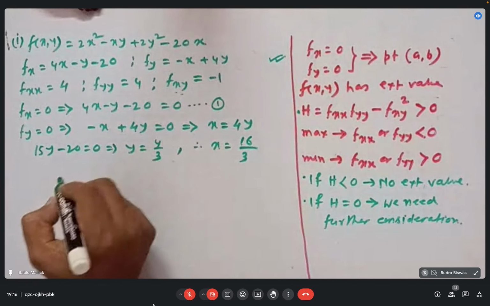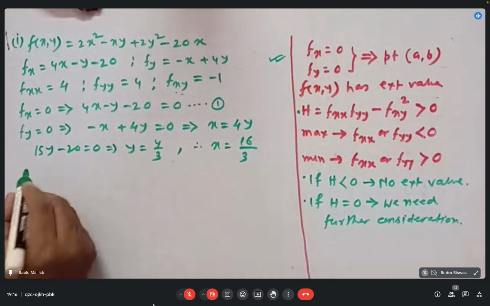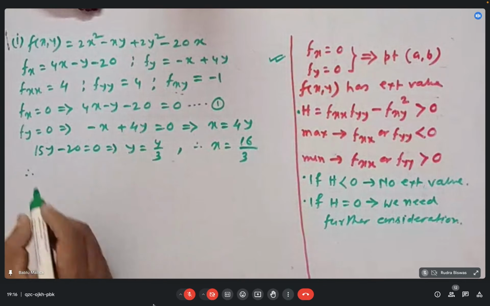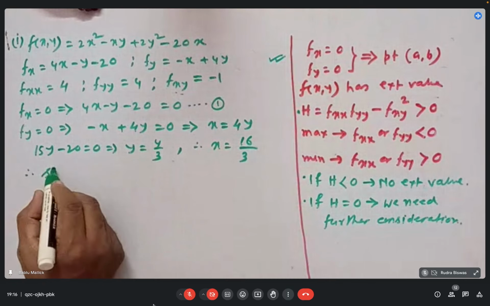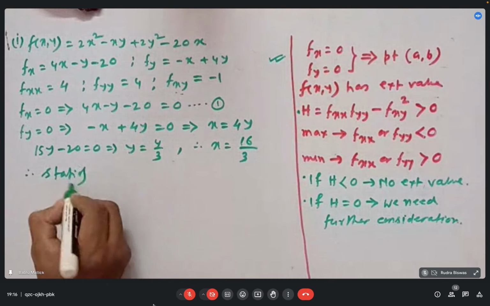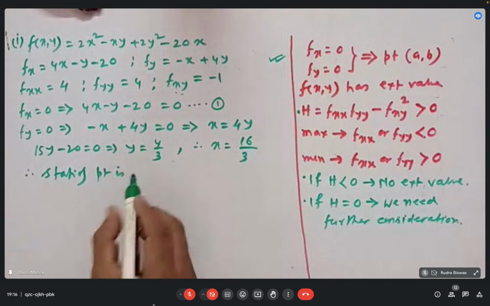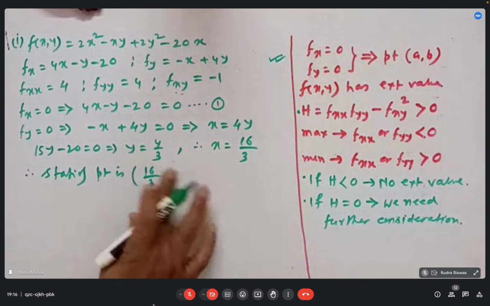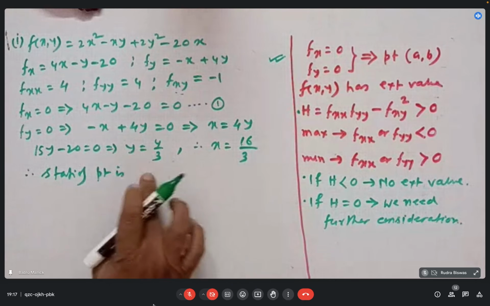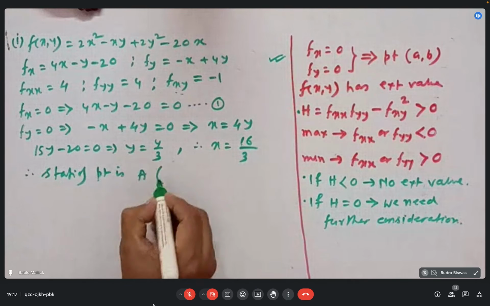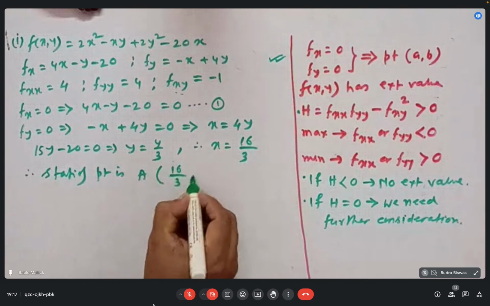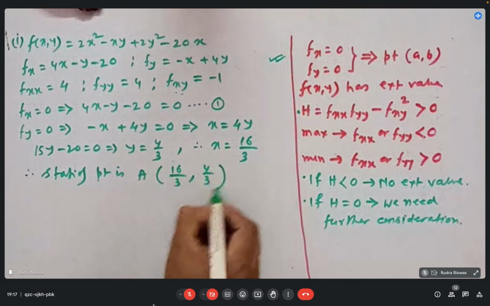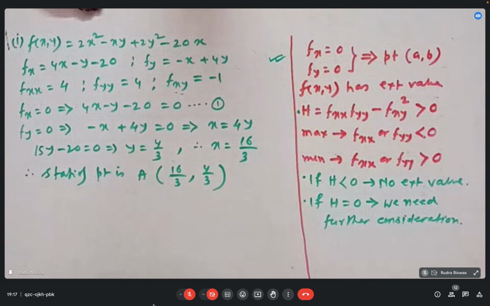Is it right or wrong? So therefore the stationary point is 16 by 3, 4 by 3. Name it capital A. Stationary point is capital A, 16 by 3, 4 by 3.